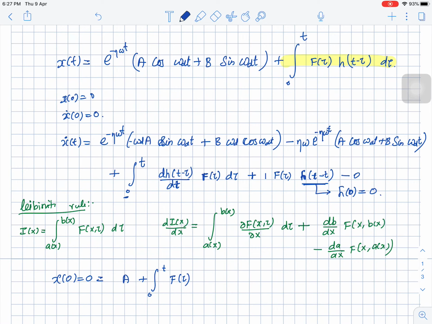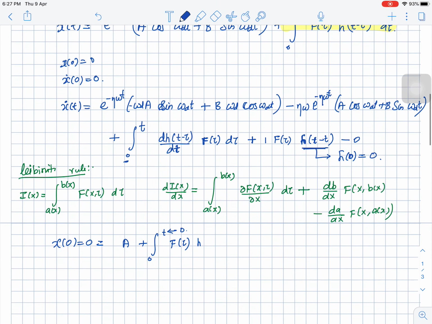This limit also becomes 0, so this term becomes 0. Therefore x naught equals a. So if the boundary condition x of 0 is x naught, then a equals x naught.